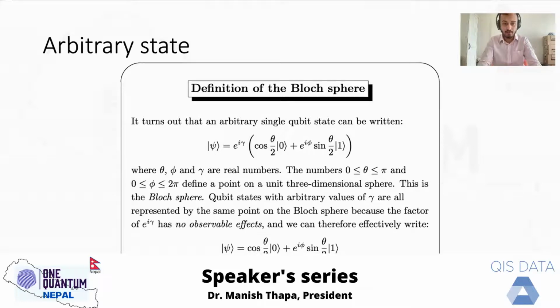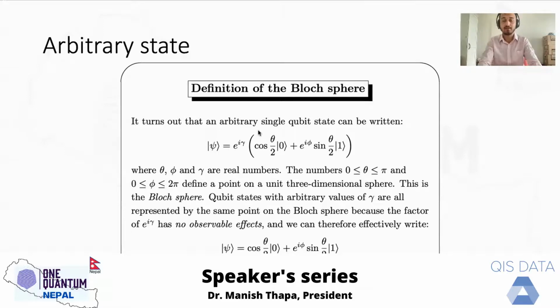So we don't care about this prefactor, this complex prefactor in the beginning, because if you take the overlap of this with psi and take the absolute value squared, it'll just become 1, right? So we don't care about that because it doesn't have any observable effect. You cannot see that in experiment, right?